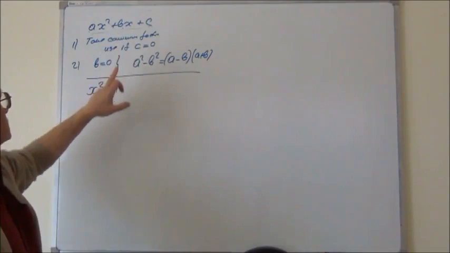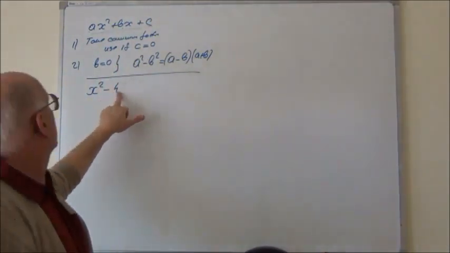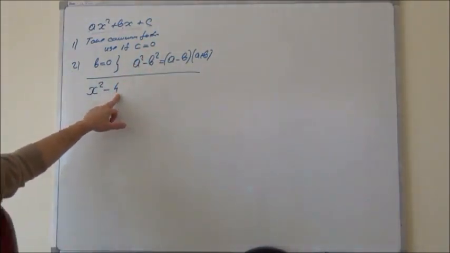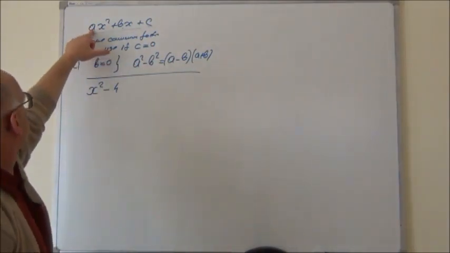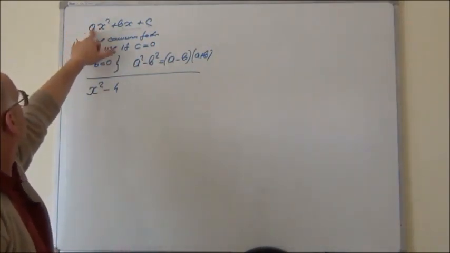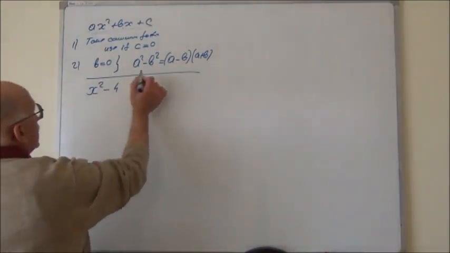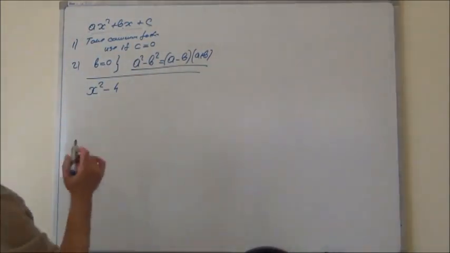So b is 0, that's why we don't need to write anything here. But we have the term c, that is actually negative 4, and the term with quadratic power has coefficient 1. Now we can apply this formula to factorize that expression.